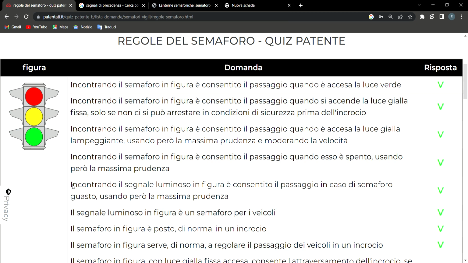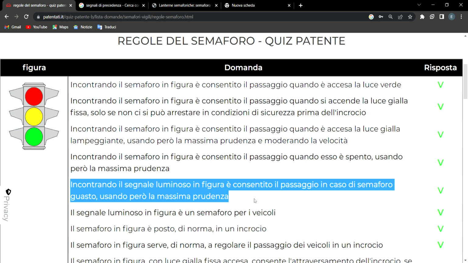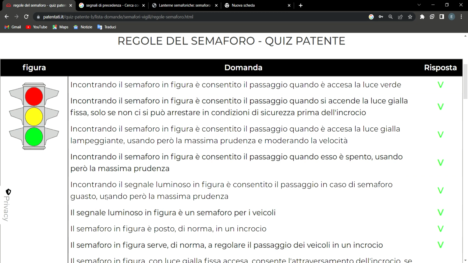It says in the situation whereby the traffic light got spoiled, it also permits you to transit, to cross, but you need to apply your maximum attention.